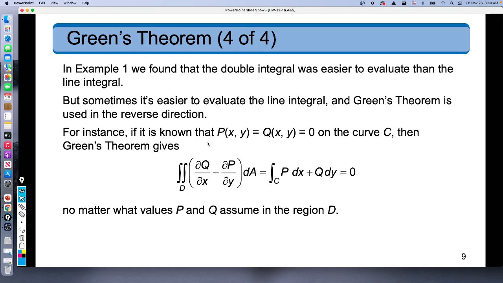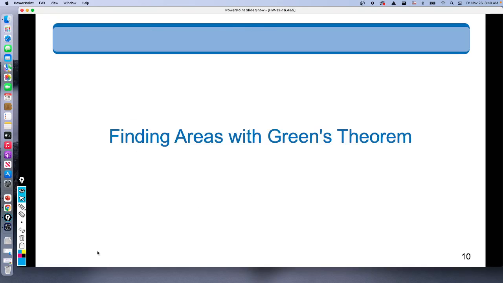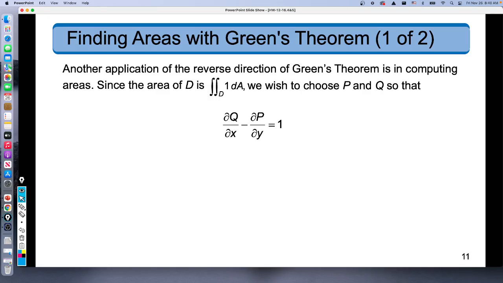The main thing we're looking for is if we know that P and Q equal 0 on the curve, then the first part here with Green's theorem is equal to the summation of the two, which is still equal to 0. So it doesn't really matter what P and Q are in this region. So we can go both ways with Green's theorem. So that allows us to also use it to find areas.